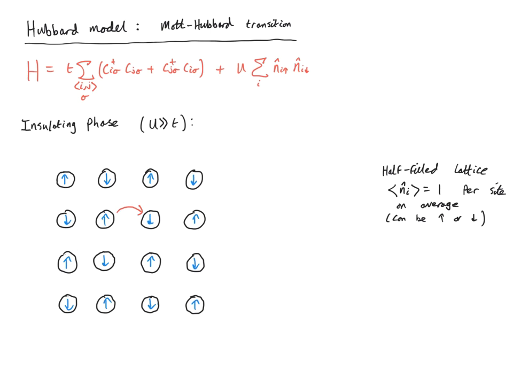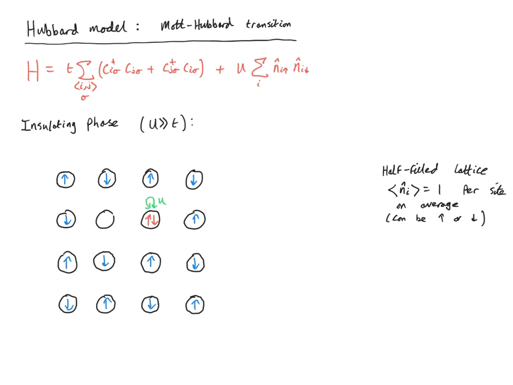That excitation would result in this state, in which we have a doubly occupied orbital, and that doubly occupied orbital costs an energy U, and we don't like this state. This is not a good state because the energy cost is extremely high. U is much, much greater than t.